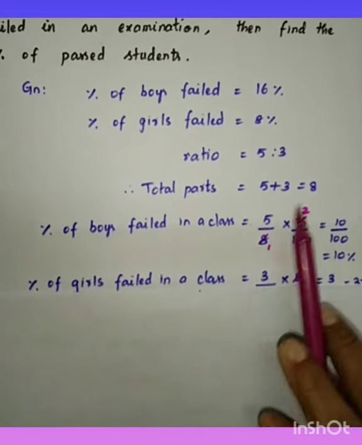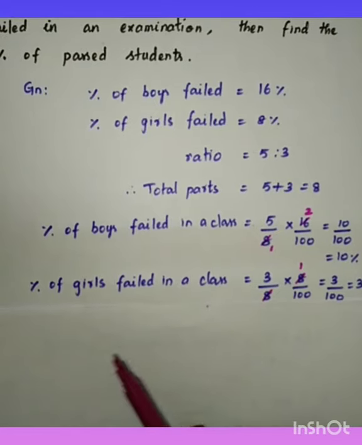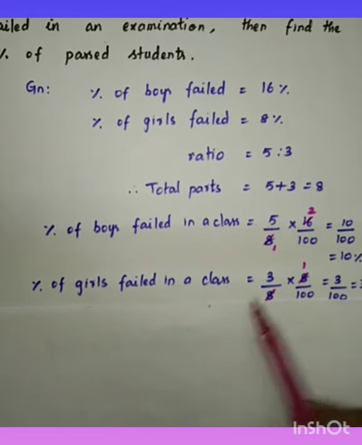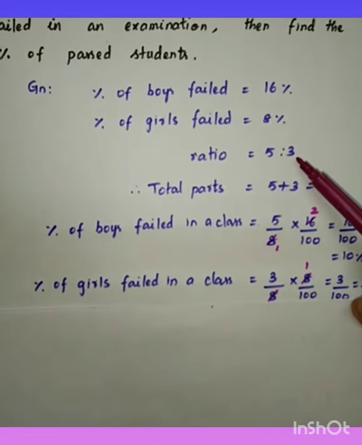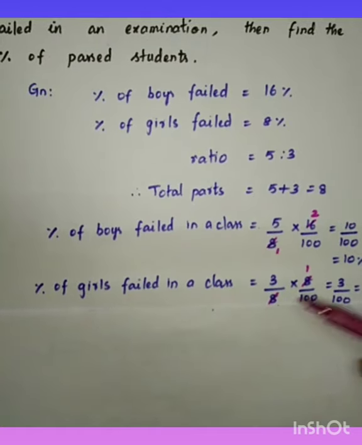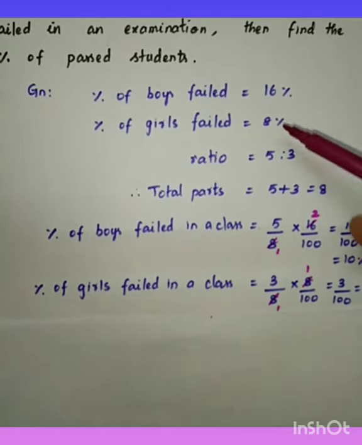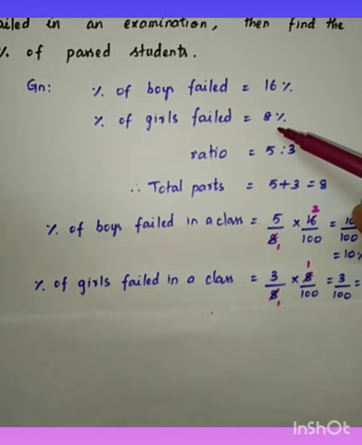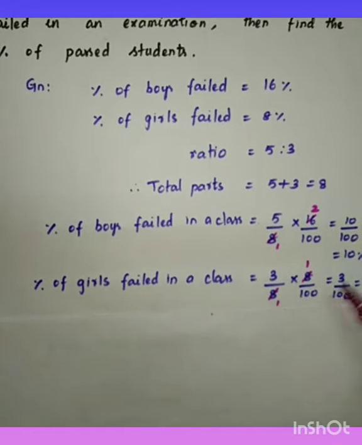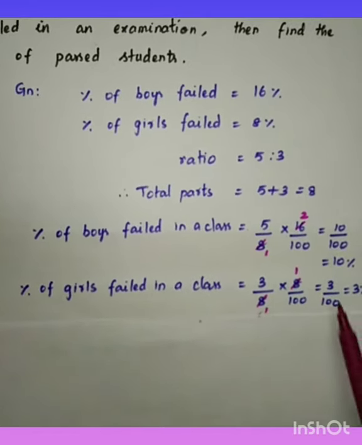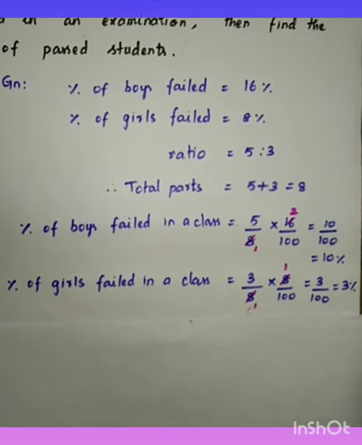The same we are going to find for girls. So the percentage of girls failed in the class, that is the girls value is 3. The total parts is 8. So 3 by 8 into the percentage already given, 8, so 8 by 100. So 8 we have cancelled. So 3 by 100, that is 3 percentage.